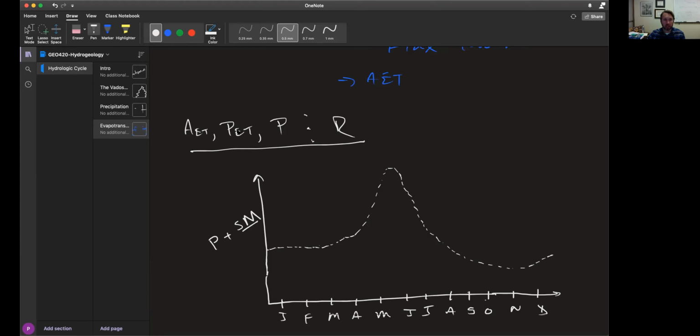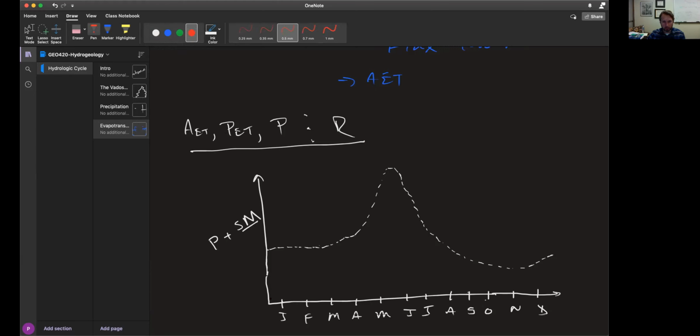All right, and then let's think about what PET does. PET is probably, we're going to go with red here.